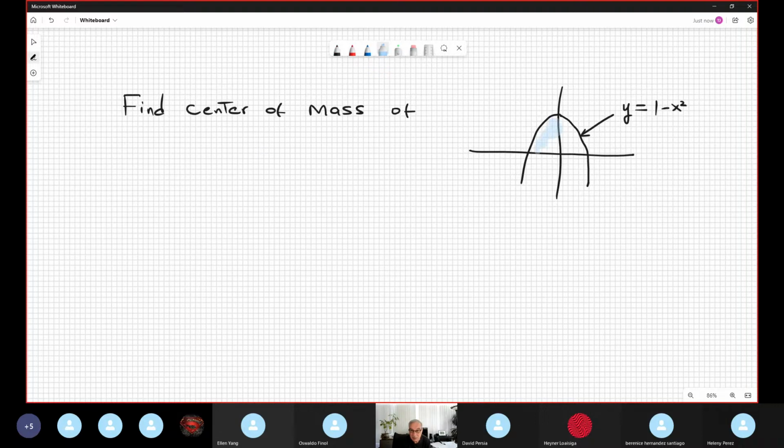It's bounded by this parabola and the x-axis. Basically that point is 0,1. That point is 1,0. That point is negative 1,0. And of course, this axis, which is the x-axis, is y equals 0.